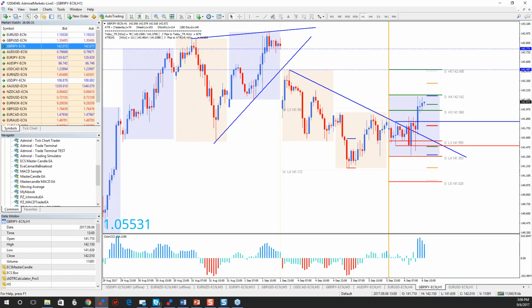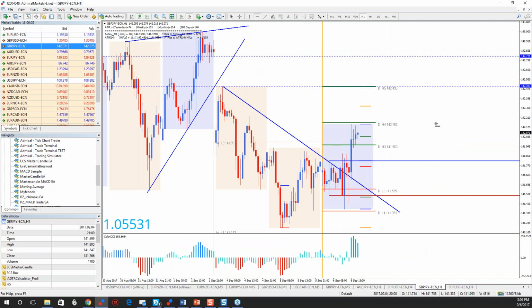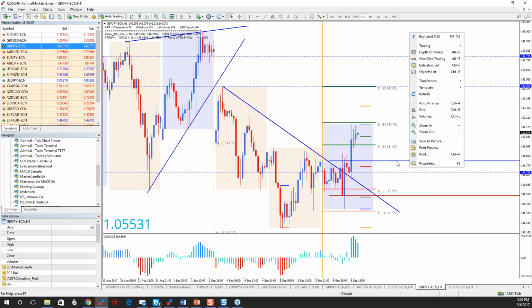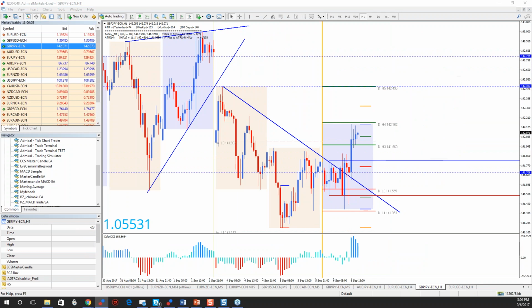I will buy pound yen here again. And I will make a pending order now. Just give me a few seconds, guys, and I will show you 141.75.